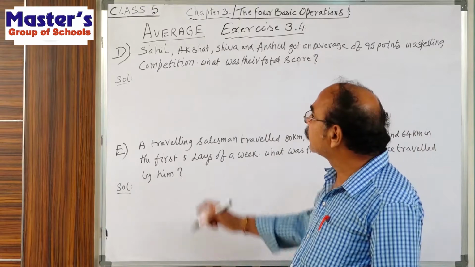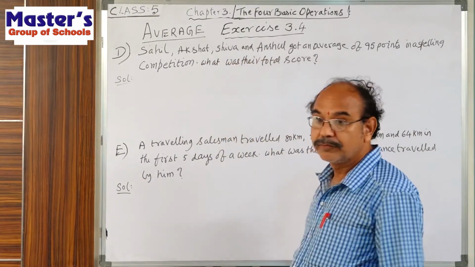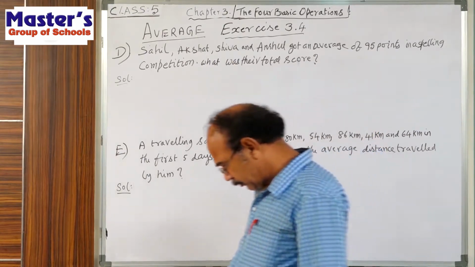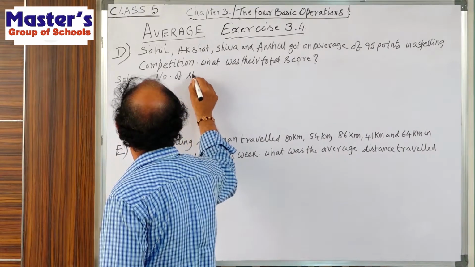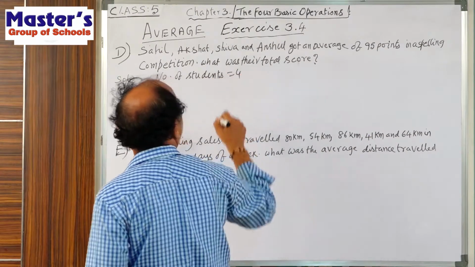Okay, 4 students: Sahil, Akshat, Shiva and Anshu. So number of students is equal to 4.